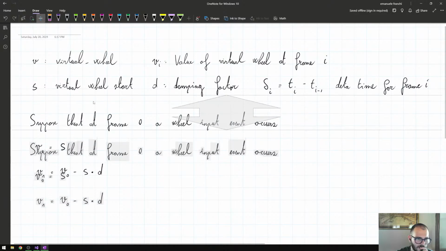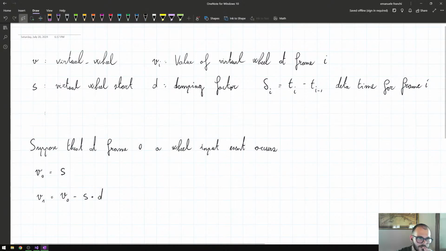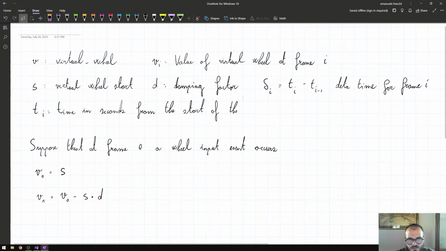So let's say Ti is time in seconds from the start of the app's start.